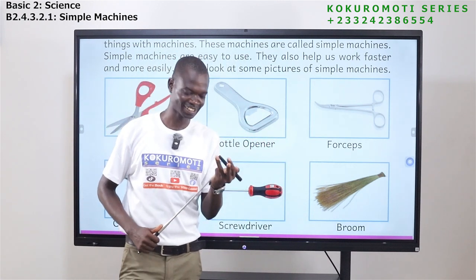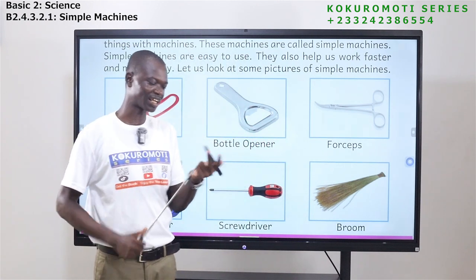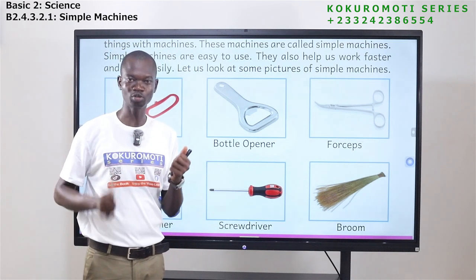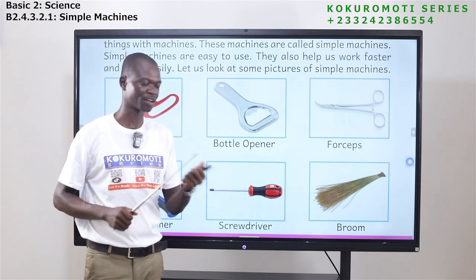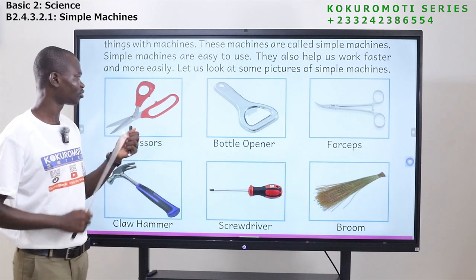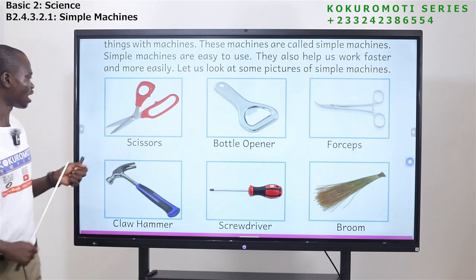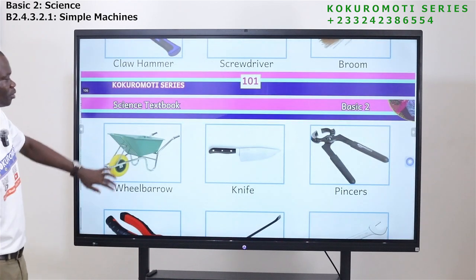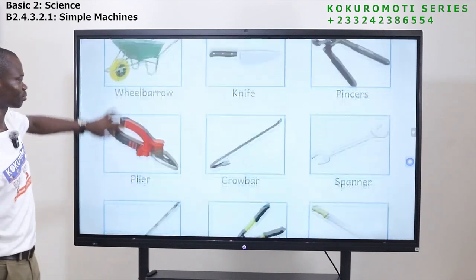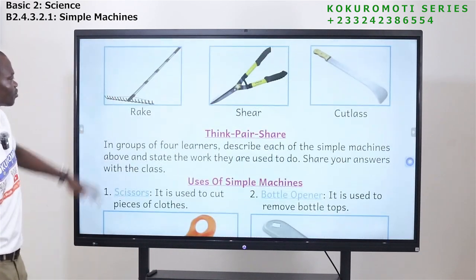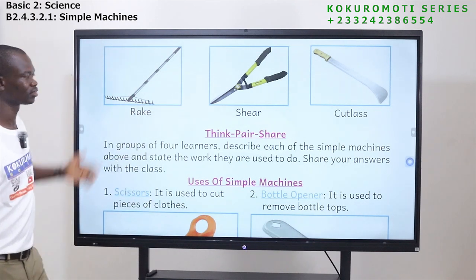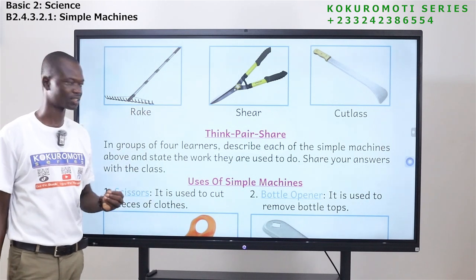Then cutlass, knife, forceps, bottle opener, scissors, hammer, wheelbarrow, pincers, plier, spanner, crowbar, rake, shear, cutlass, and the rest. So these are examples of simple machines.